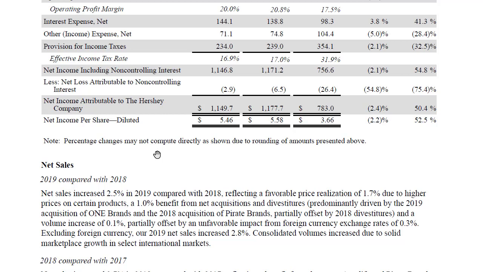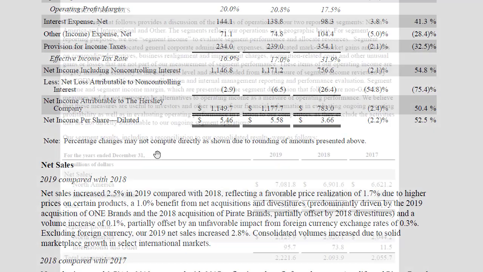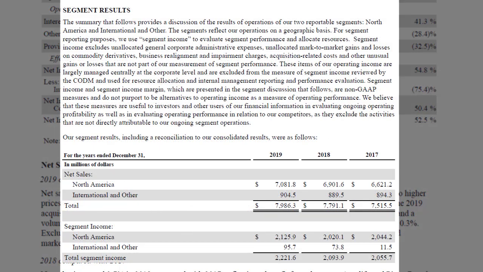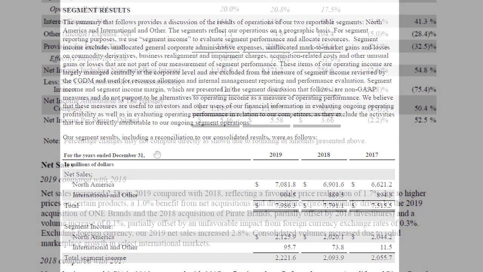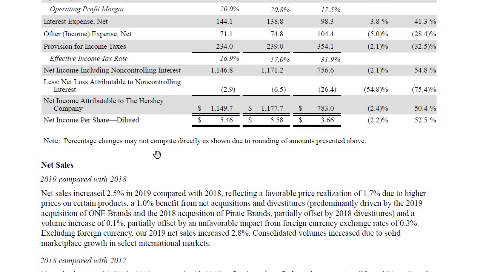So you really want to understand that by digging deeper. In Hershey's case, I know this to be a fact, but oftentimes businesses will break down their revenues by geography. You might see North America or the United States, the rest of the world.